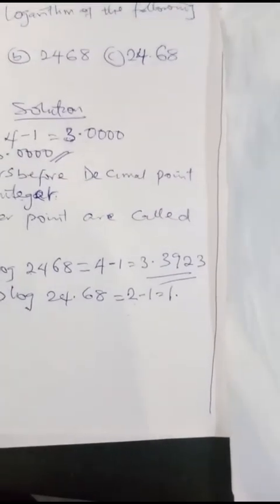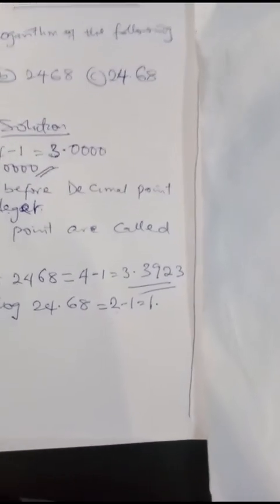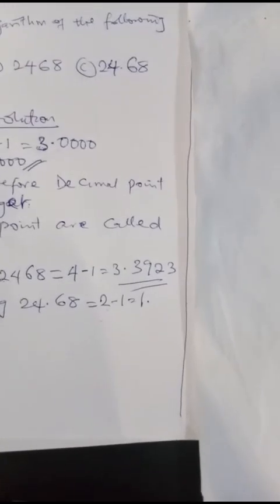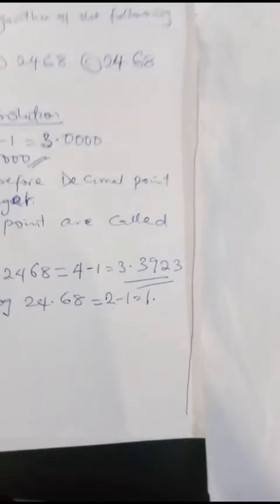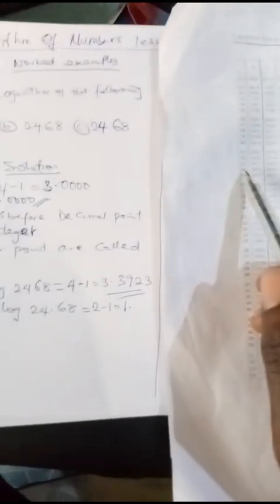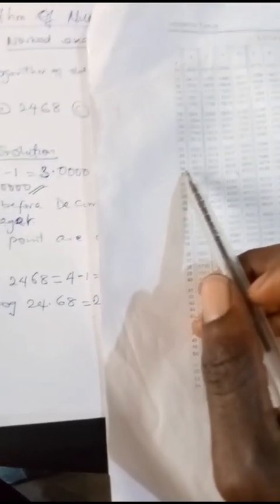You only consider the decimal point when you want to know what your integer will be. Now look at this. If I want to check this, I will check it as 24 under 8, which is still the same thing as what I got the other time. Do you understand what I'm doing now?